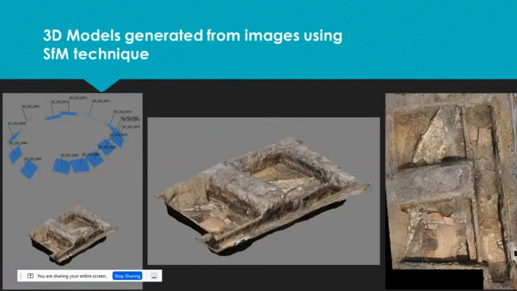These slides show the 3D models generated from images using structure from motion techniques. The first illustrates the positions from which the photos were taken. The second is the generated 3D model, and the third is the orthophoto derived from the 3D model.